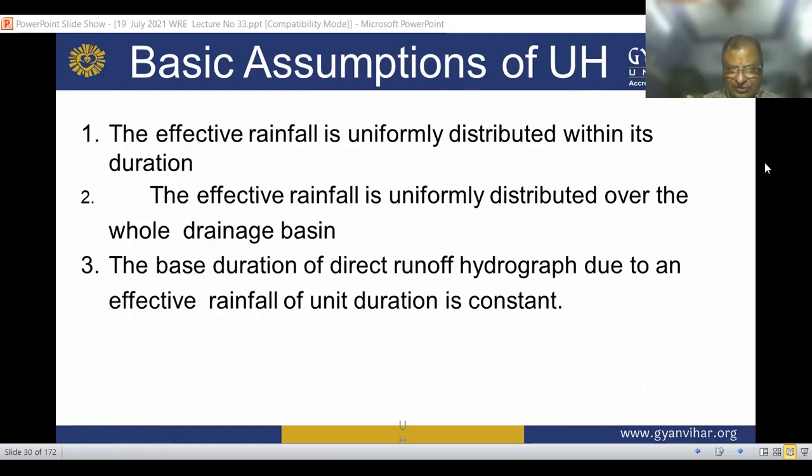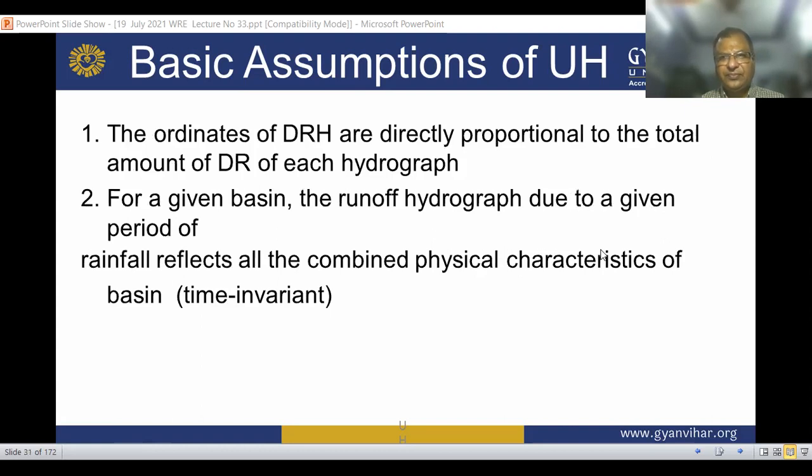The base duration of the direct runoff hydrograph due to an effective rainfall of unit duration is constant, and the ordinates of the DRH are directly proportional to the total amount of direct runoff of each hydrograph.